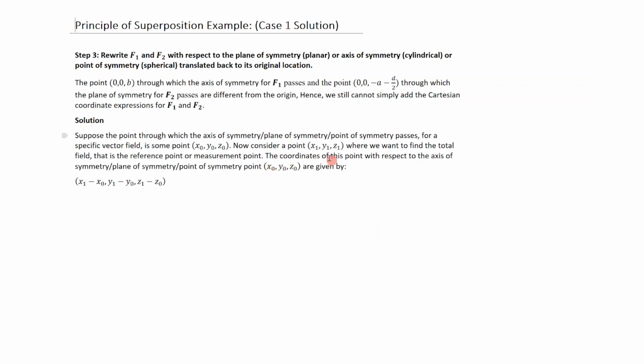The coordinates of this point with respect to the axis of symmetry, plane of symmetry, or point of symmetry would essentially be the difference between the two. So this would be x1 minus x naught, y1 minus y naught, z1 minus z naught. So these are the transformed variables that we'll be using to translate everything back to its original location.